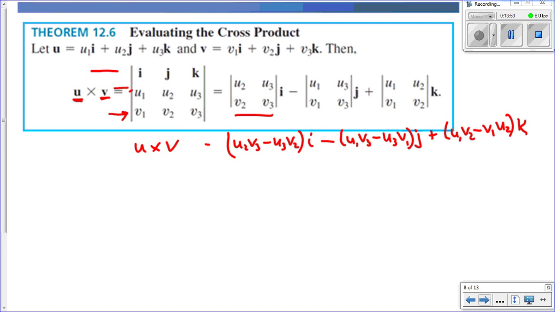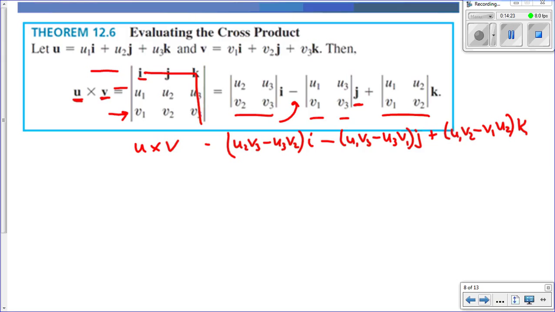And then we're still expanding on the first row. Now we're ready to take j, mark its row and column out. So it'll be j times the determinant formed by taking the 4 entries here. And remember how you alternated signs when you were doing a cofactor expansion. And then plus k, mark out the row and the column containing k, and you'll have this determinant times k.